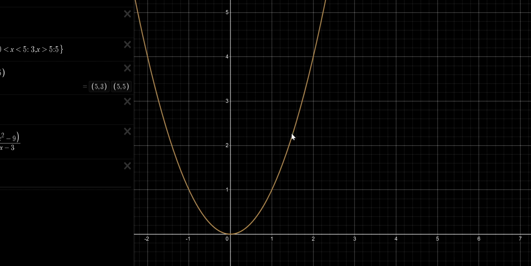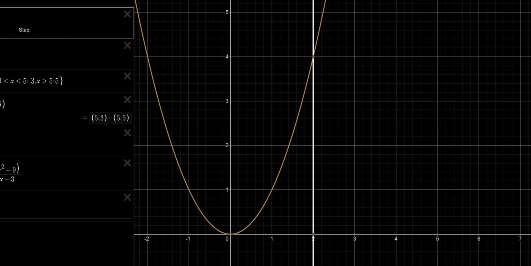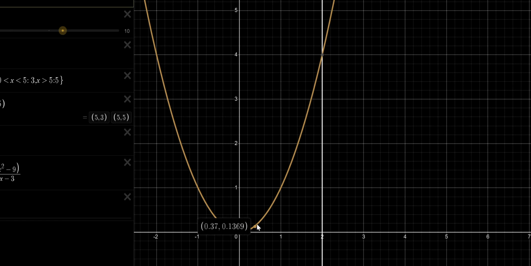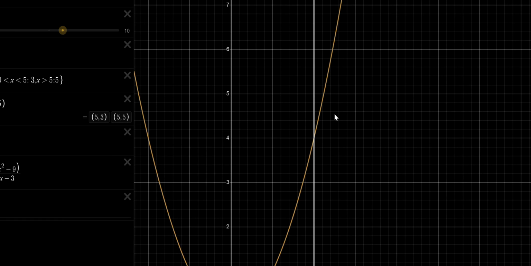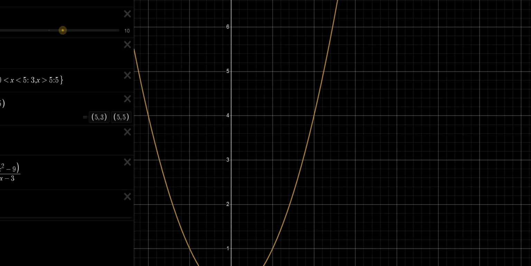You want to run to x is equal to 2, which is right over here. Let me add a little line to show you. So you want to get to this point right here, right? You're running from this side, and you approach x is equal to 2. Then you approach from up here, and you want to slide down to x is equal to 2. So on a graph, that's how you would find the limit.